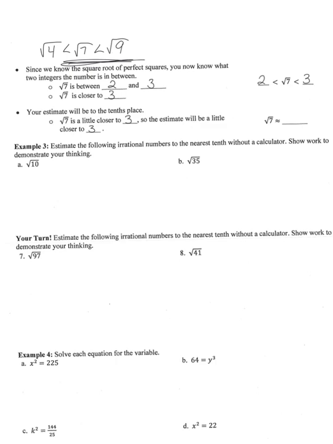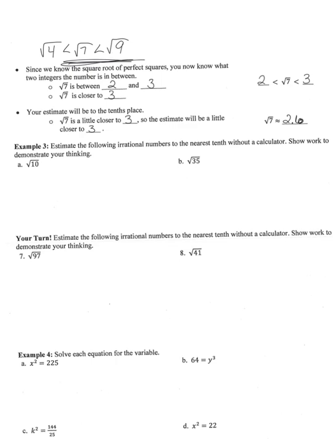So I'm going to approximate that it is going to be closer to 3, which means it's got to be greater than 2.5, but it's just on that other side of that halfway point between 4 and 9, so I'm going to say 2.6. Now, if you had given me 2.7 as an approximate, that would also be acceptable.